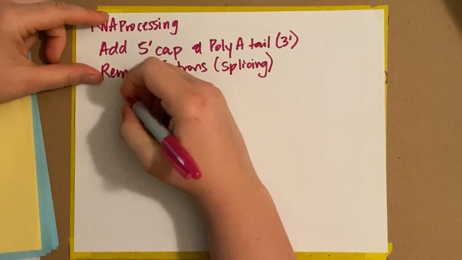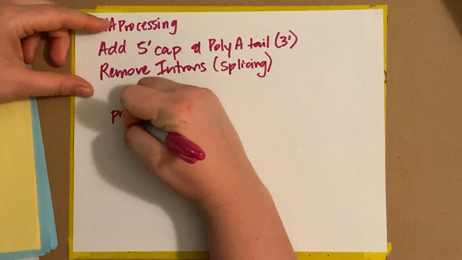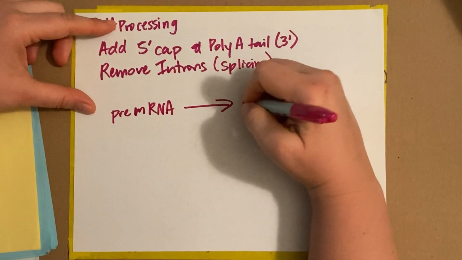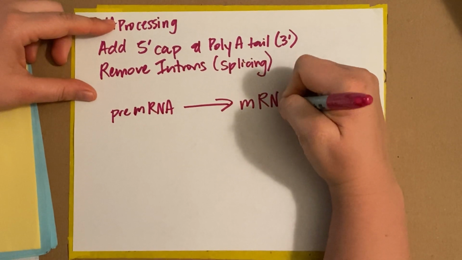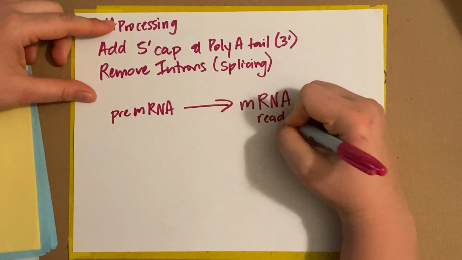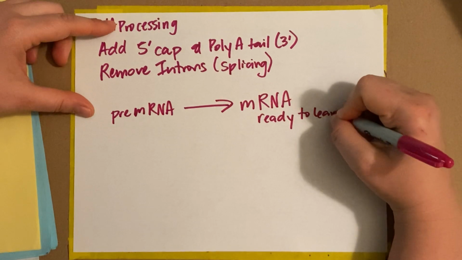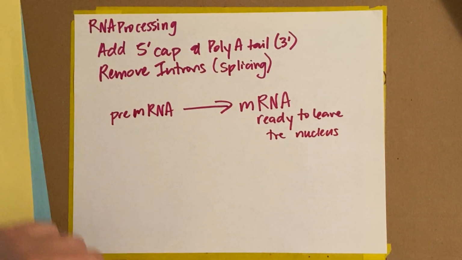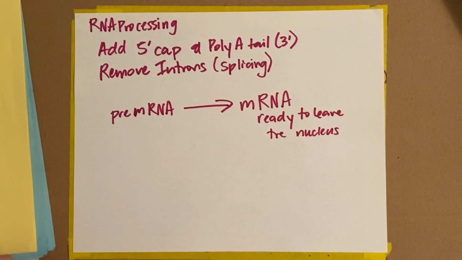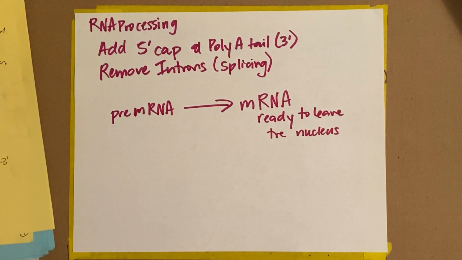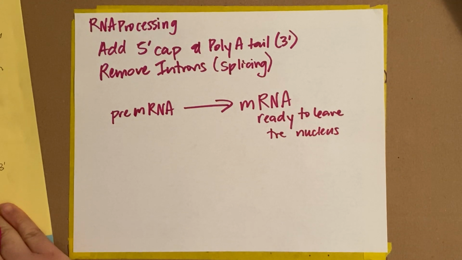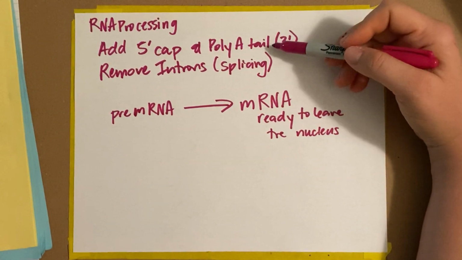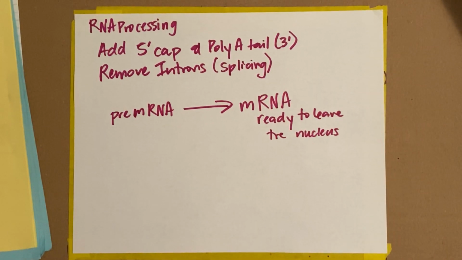Once it's done, that means the pre-mRNA is now a fully fledged messenger RNA, ready to leave the nucleus. So that is what transcription is doing. It's producing this single-stranded RNA strand, which is going to be processed, and then it's going to be ready to leave the nucleus.